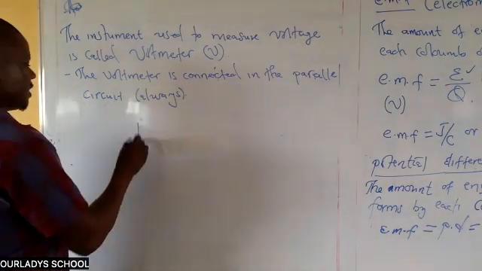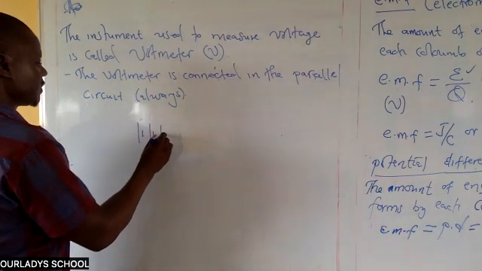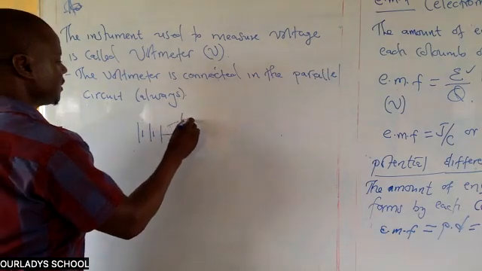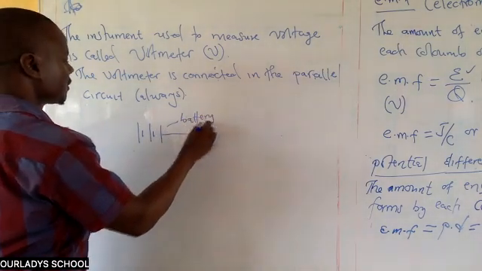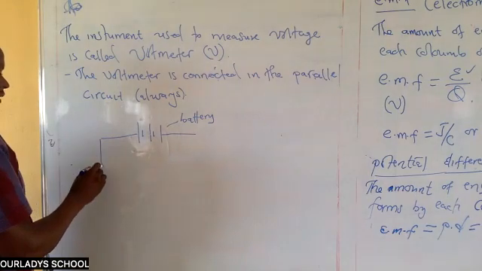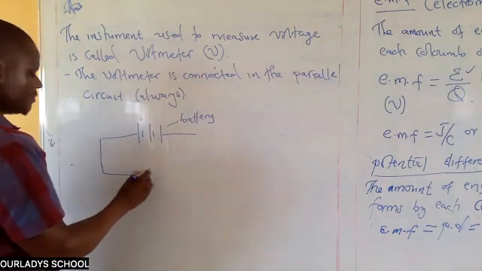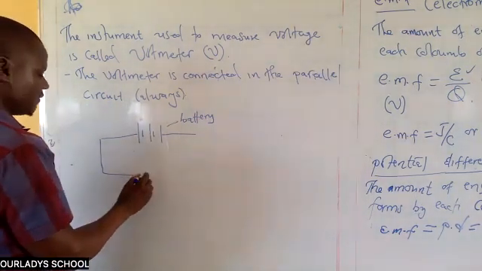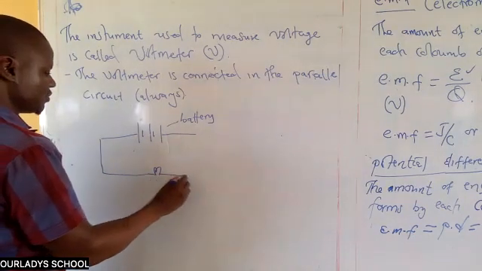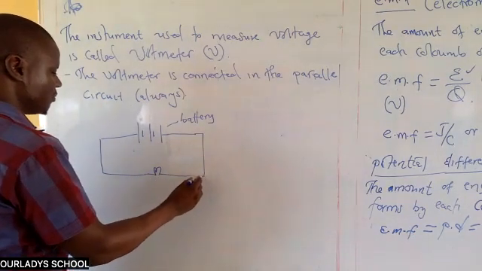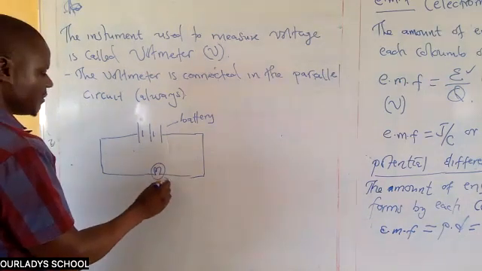So the illustration is we may have the battery here. This is our battery. And then we want to measure how much energy is being converted to heat and light by this bulb. So this is our bulb.